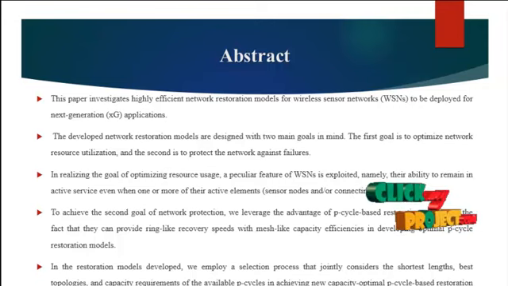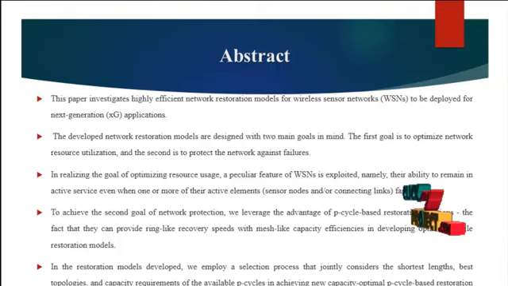In developing this network restoration model, we focus on two major objectives. The first objective is to optimize network resource utilization, and the second is to protect against node failure. These two techniques are the main focus of our process.